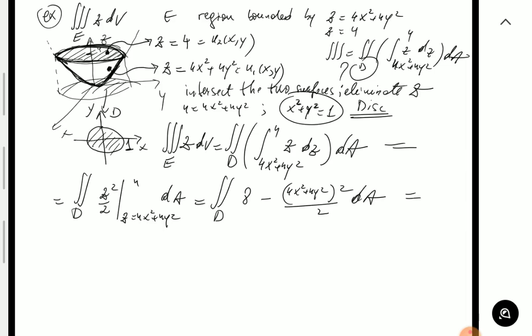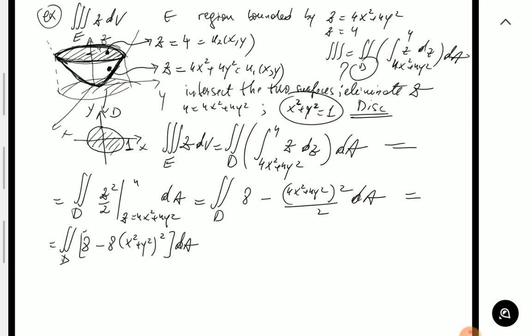Okay, let's pull up those constants to clean this up a little bit. So it's 8 minus, outside of this square is going to be 16 over 2, that's another 8. And you're left with (x squared plus y squared) quantity squared dA.